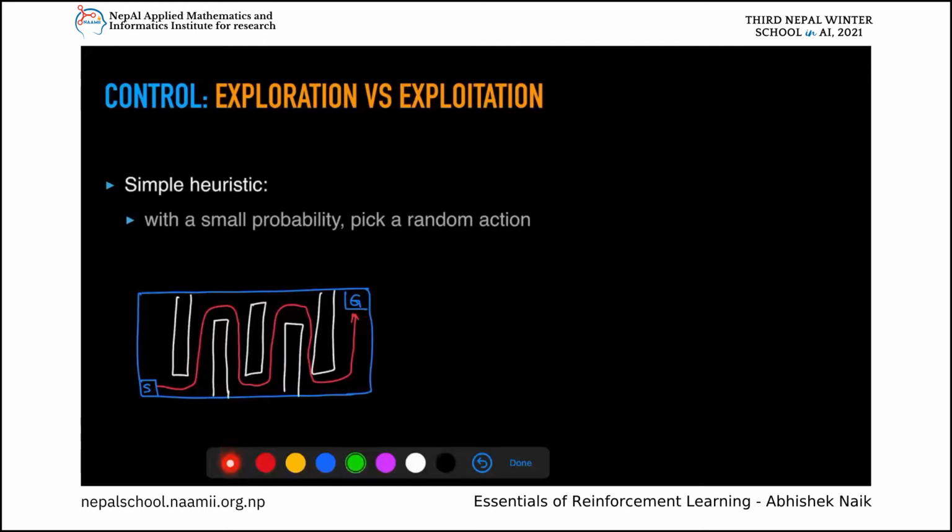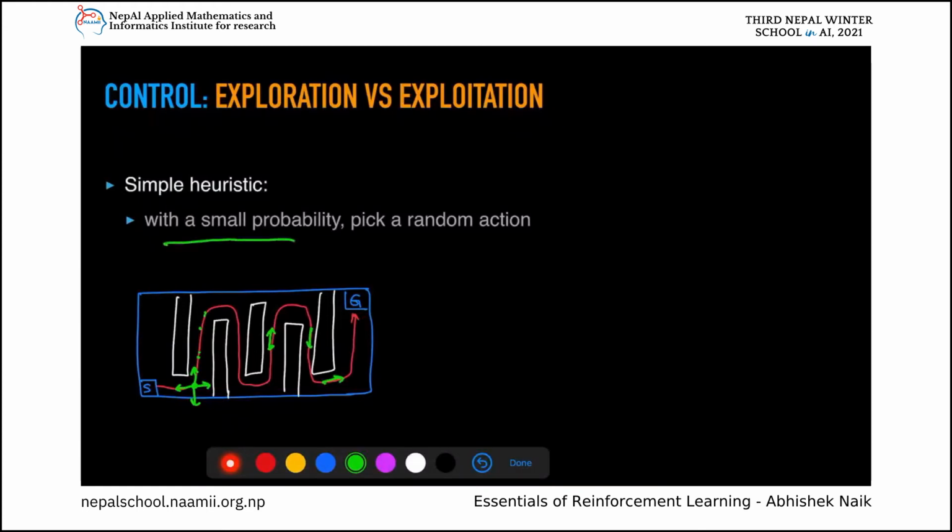Now, imagine this was a 2D thing. At every point, I have 4 possible actions: up, down, left, or right. Now, the agent has learned a policy that in this state, the best thing to do is to take the up action, and so on and so forth. Again, in this state, take the up action, in this state, take the down action, in this state, take the right action.